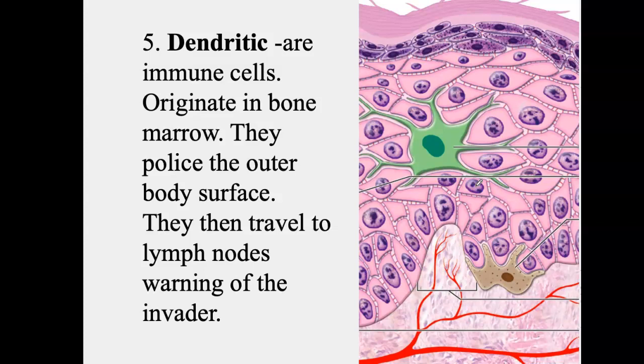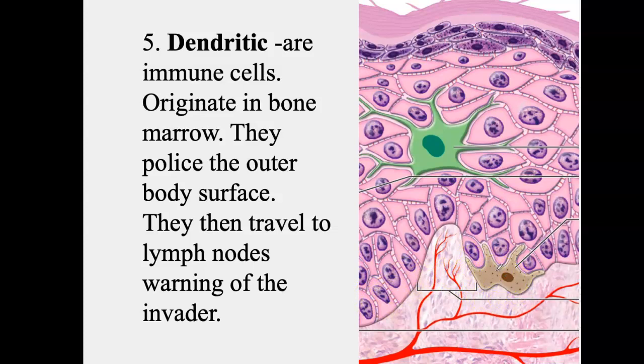So if there's that little mold or fungus that's coming along, they're going to try and take care of it. And they will travel to lymph nodes and warn, hey, I need backup. I need some white blood cells to come out here and destroy some of these invading cells. So those are dendritic cells. In this diagram also you can see the melanocyte down here, see? And then the basal cells and the melanocytes.